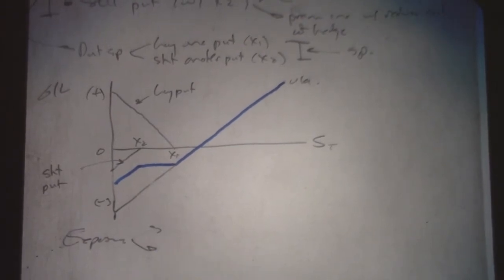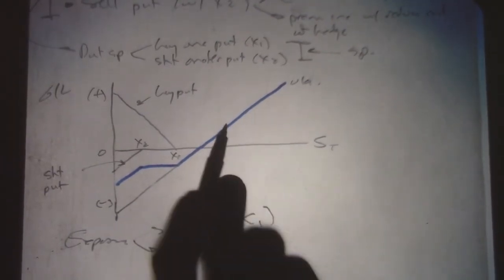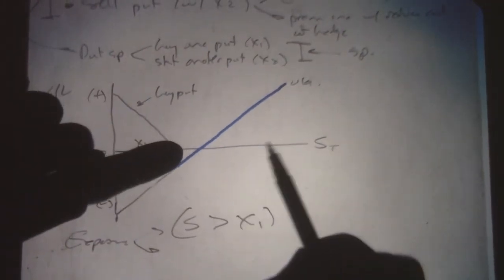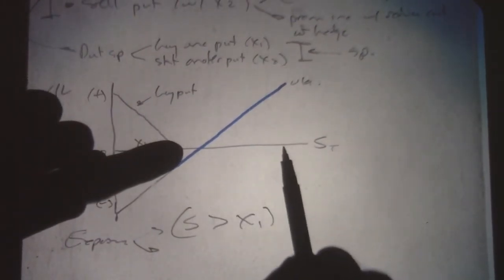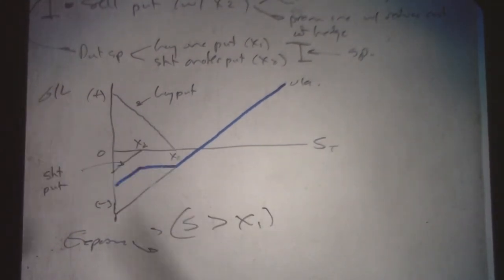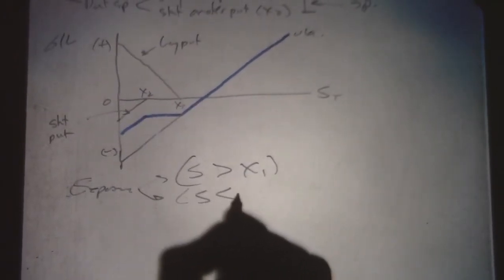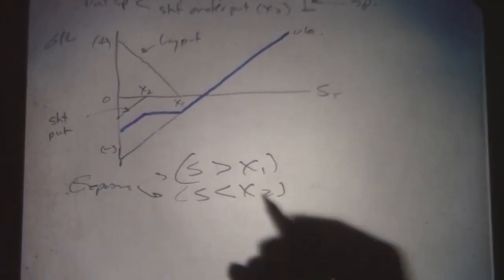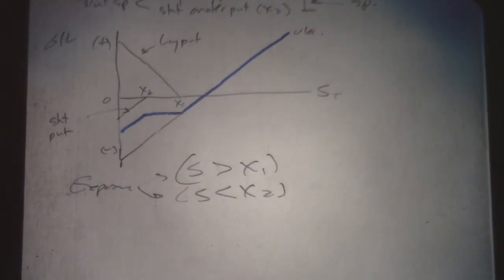Where is my exposure? If S is greater than X1, then I'm exposed, right? Because see how I'm going between gains and losses? So if the spot goes this way, I'm gain. But if the spot comes this way, it's a loss. And where else am I exposed? If S is less than X2, right?